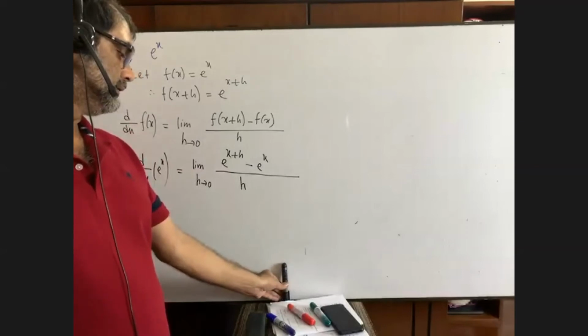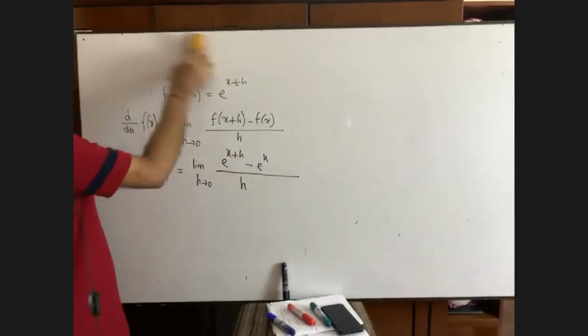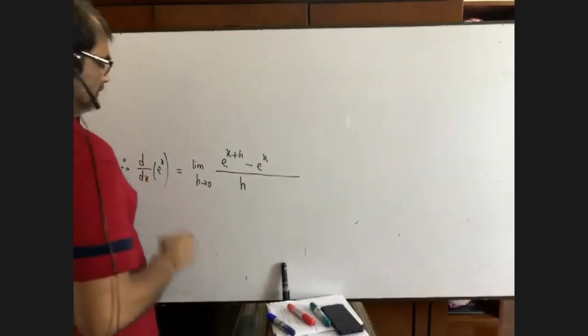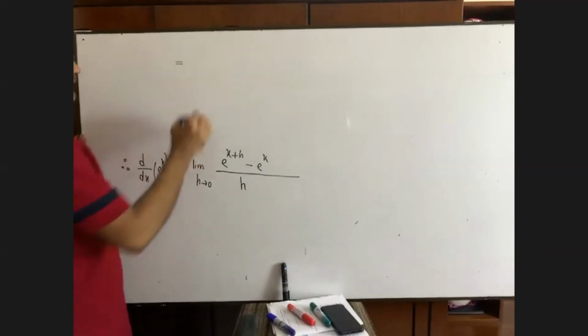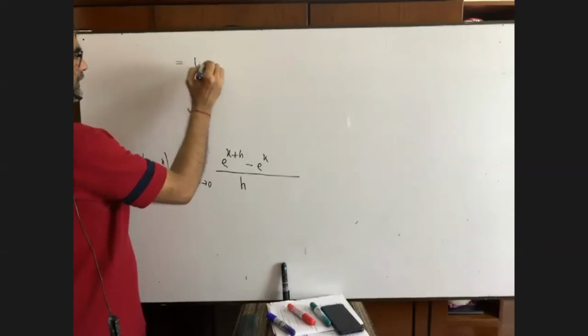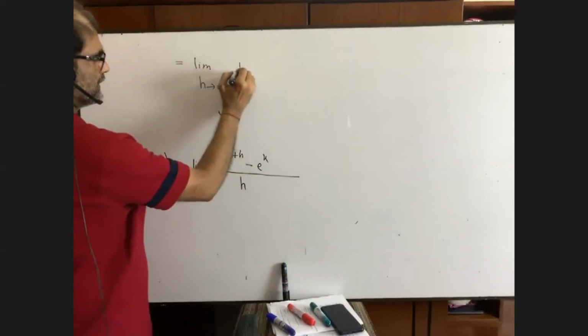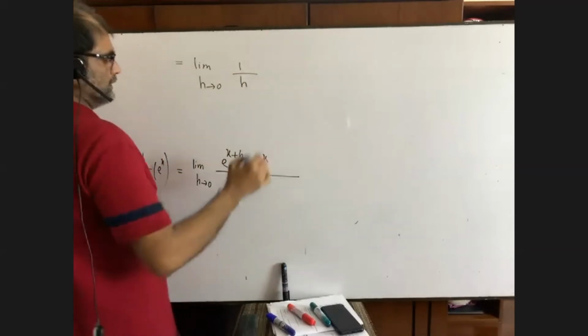Okay. What is meant by this? Very easy and simple math, which is equal to limit h tends to 0, always you have to write in this pattern, 1 by h. Always you write down.